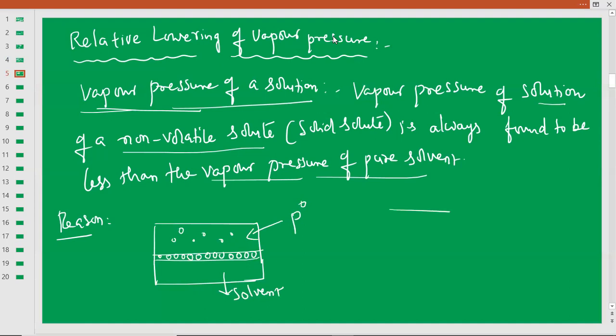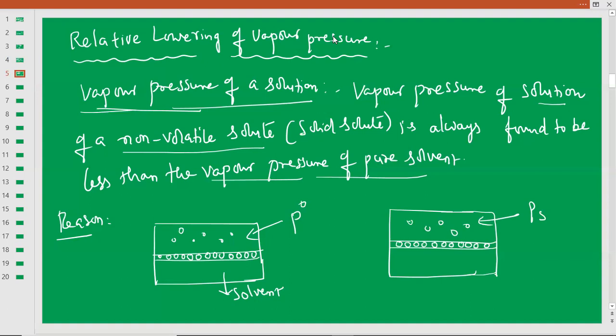But after adding a non-volatile solute, in this surface area there are some solute particles also present along with the solvent. At that time, what happened? Notice very few vapor particles above the surface. This is the PS.